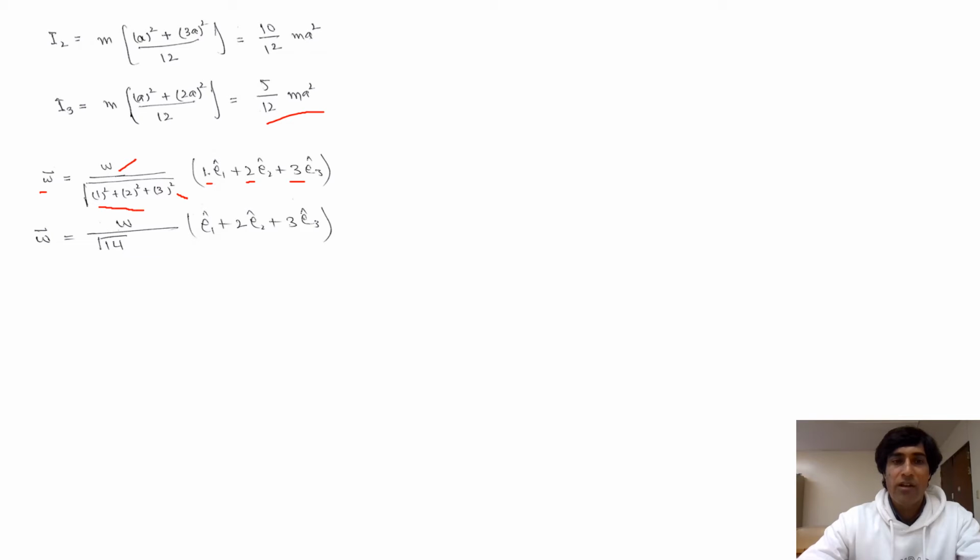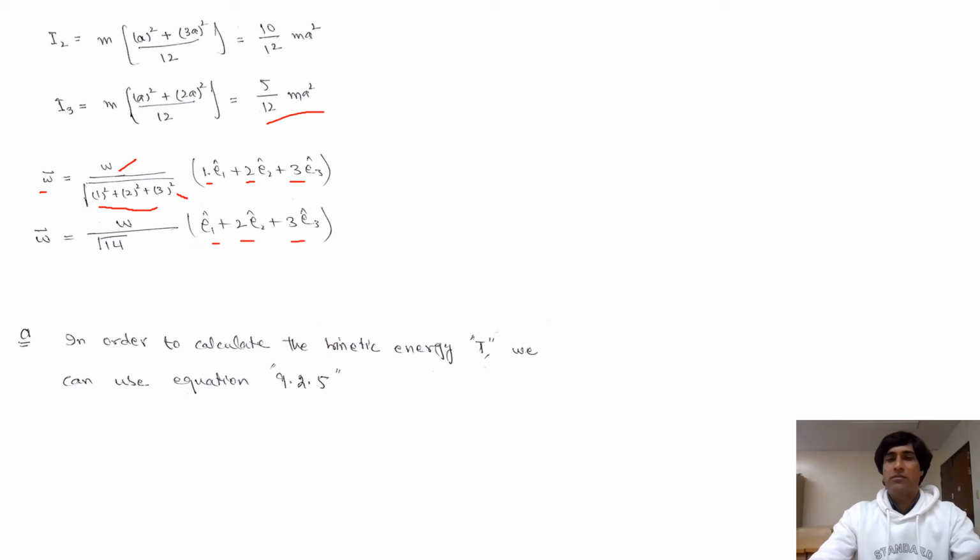Its simplified value is omega divided by square root of 14 into e1 unit vector plus 2e2 unit vector plus 3e3 unit vector. So this gives omega 1, omega 2, omega 3.